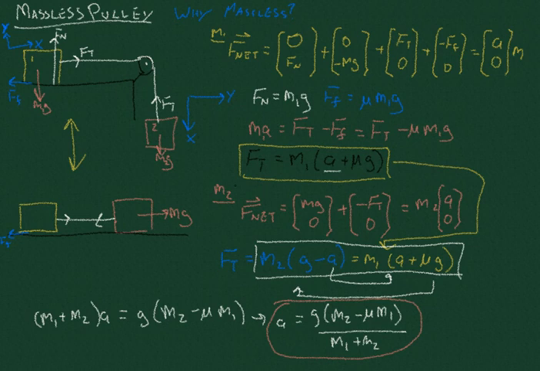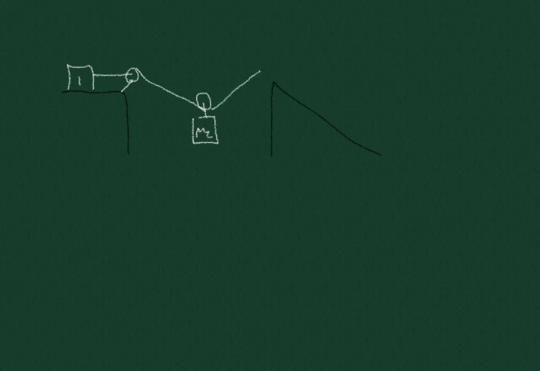Now you can get more complicated problems. Again, we're not really going to do any of these in this section because it's a bit more work. But for example, I've seen problems where you have a mass here, and there's a pulley that connects it, and it comes down here, and you have a mass 2 here, and then this can come back up to this pulley, and this comes back up to a mass 3 here, and then you have to find out what direction the motion is going to be.